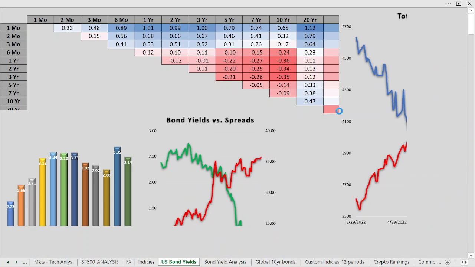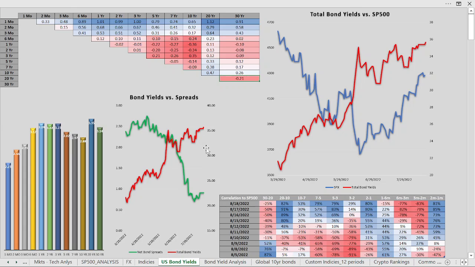Now, moving forward, we can see on the bottom left-hand side, the red line represents the total bond yields. The green line represents the spreads between the two. The total bond yields is very simply all the different maturities added up. So the 3.14 on the 30-year plus the 3.35 on the 20-year, adding up all these yields gives us the red line.